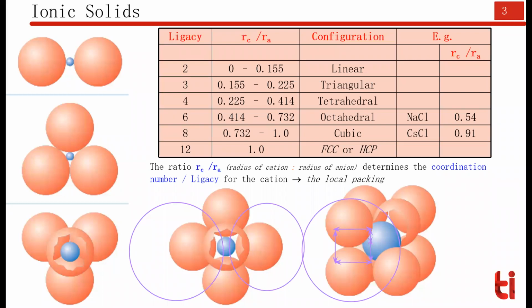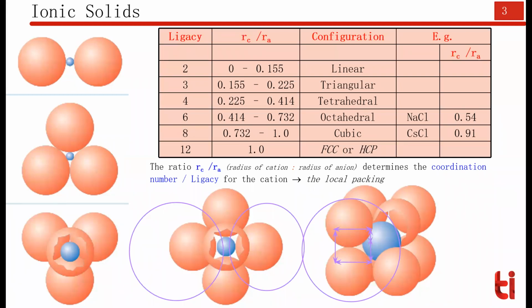In such cases, your radius ratio of cation to anion will vary from 0 to 0.155. So whenever the radius ratio between cation and anion lies between 0 and 0.155, the structure it forms is always linear. Or, in other words, its ligancy is always 2.